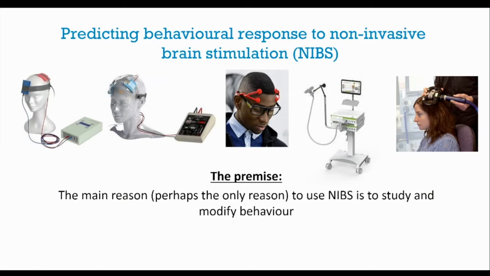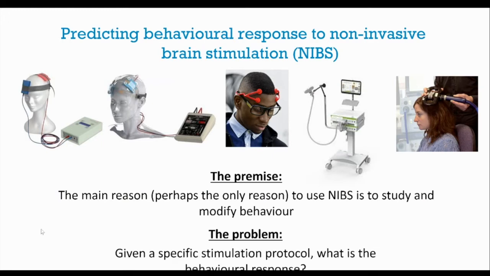The main premise for using non-invasive brain stimulation is to understand, study and modify behavior. But when we try to do that, we have a problem: generally we have very little power to predict what will happen to behavior if we apply a specific stimulation protocol.